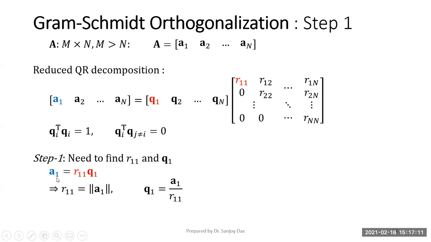So A1 equals R11 Q1. Now, R11 is just a scalar. Q1 is a unit vector, and A1 is a scalar times this unit vector, so they are in the same direction. All that's being done here is Q1 is being scaled appropriately by this scalar R11, and that gives me A1. What's the length of Q1? 1, because it's a unit vector. L2 norm is 1. What's the L2 norm of A1?